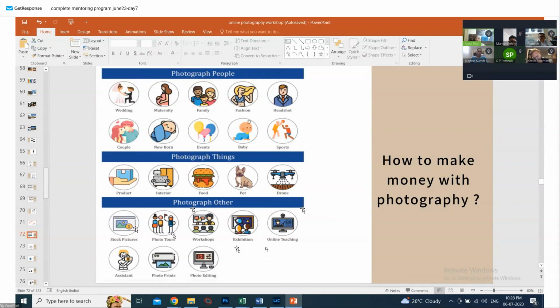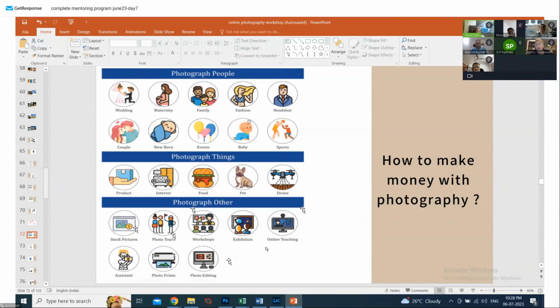Advertisers need good quality pictures showing a certain scenario. So you keep clicking pictures and posting them on stock sites. If anybody purchases one for advertisement or any commercial use, you get a royalty. That is what you mean by stock pictures.